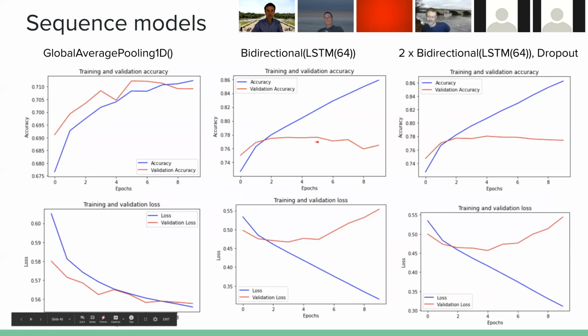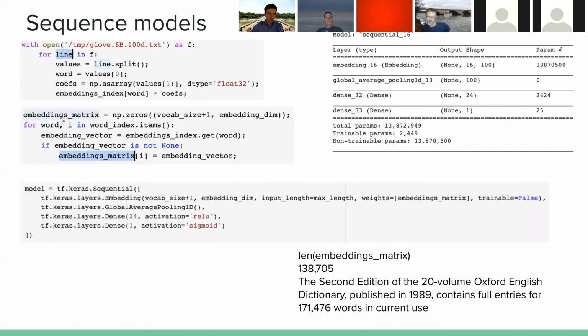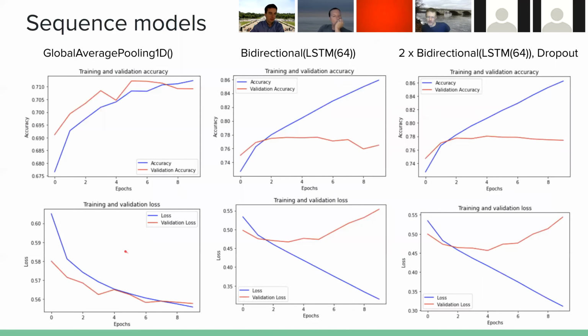Okay, how does it do? First of all, just considering the architecture above, there's a reminder of this one here. Good news, we're not overfitting. Training and validation accuracy go pretty much hand in hand here. Same with the loss, so the good news is we're not overfitting. Let's look at accuracy.